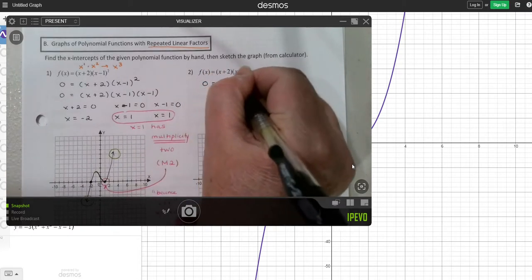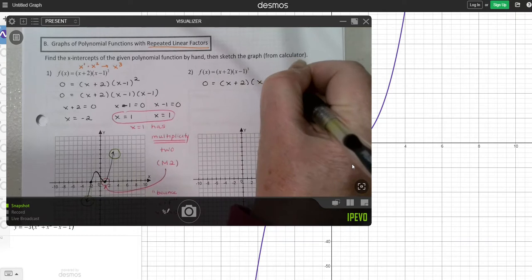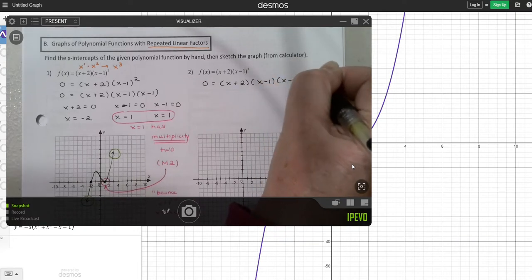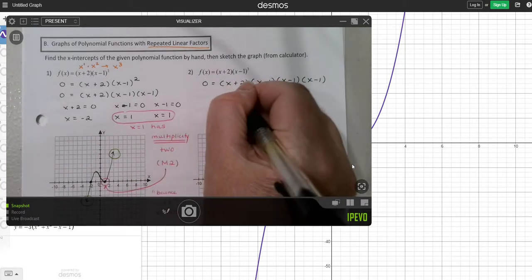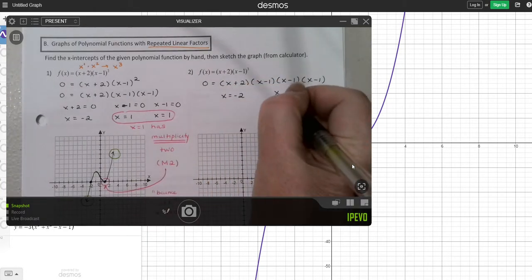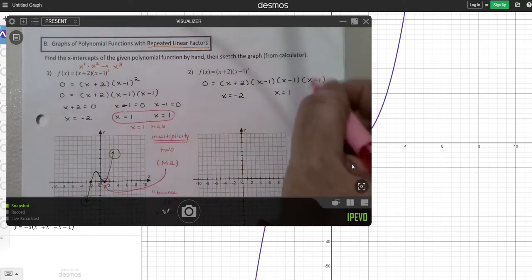So if I were to set that equal to 0 to get the x-intercepts, there would actually be 3 factors of x minus 1. So I'll get x equals -2, and then I'll get x equals 1, but I'll get it 3 times. So I'm going to say multiplicity 3.